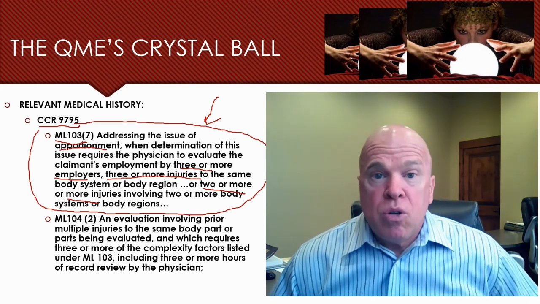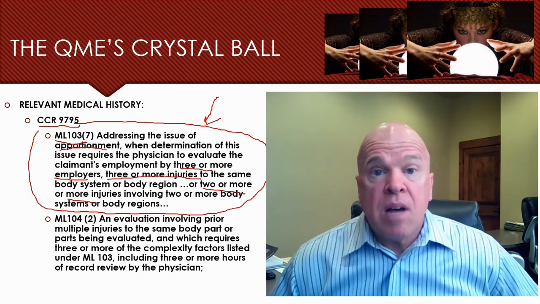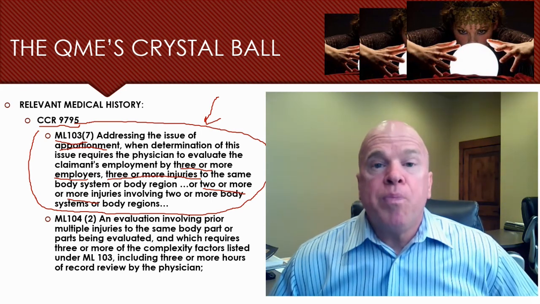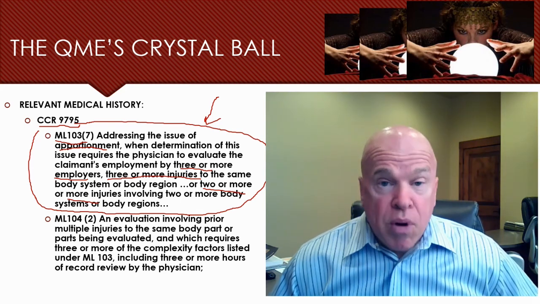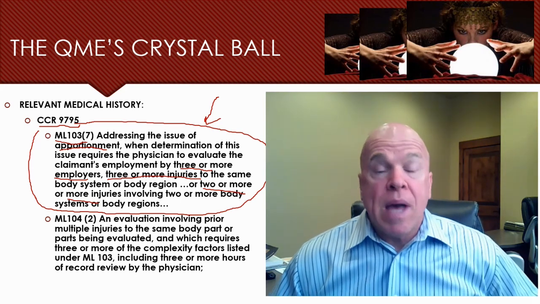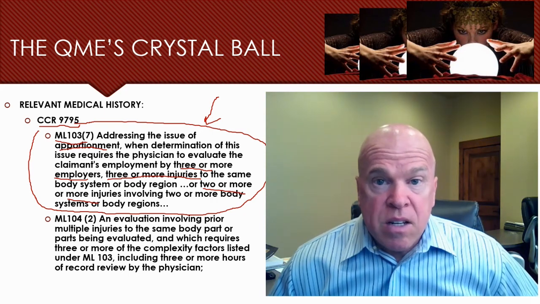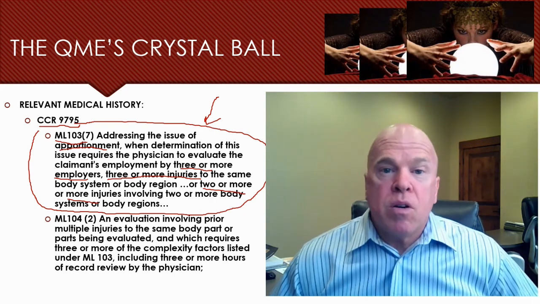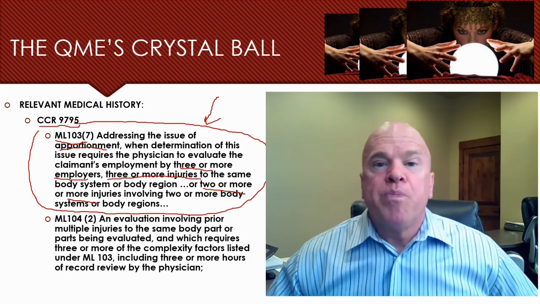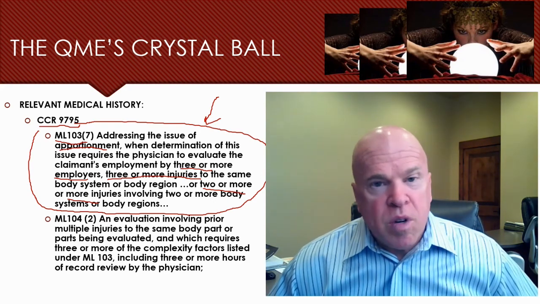It allows us to bill at the highest billing level, the ML 104 billing level, for pursuing what is probably present in most examinees' past medical history, and that is a past medical history of injuries to the same body part or same body region as involved with the current claim for industrial injury.